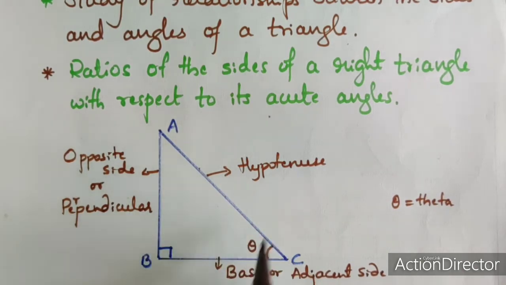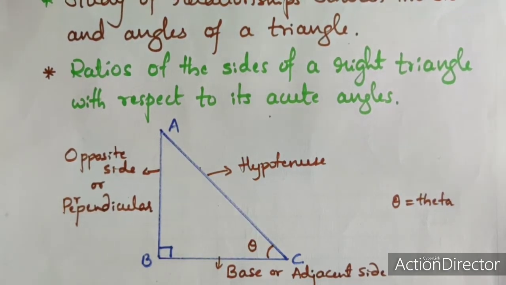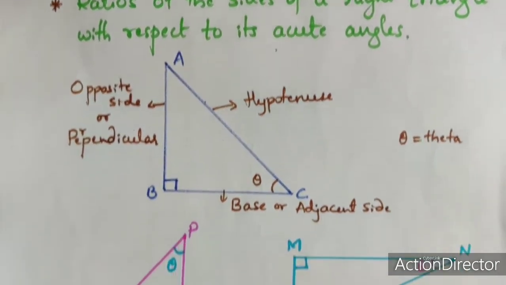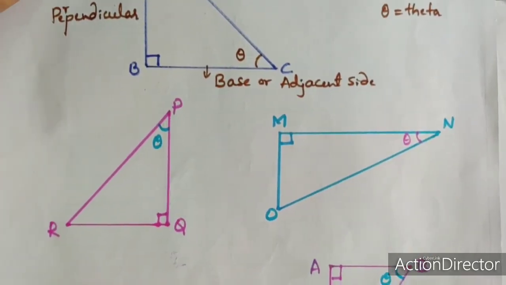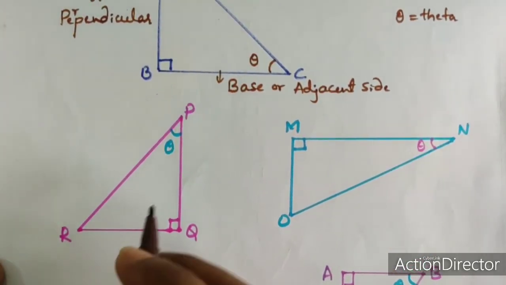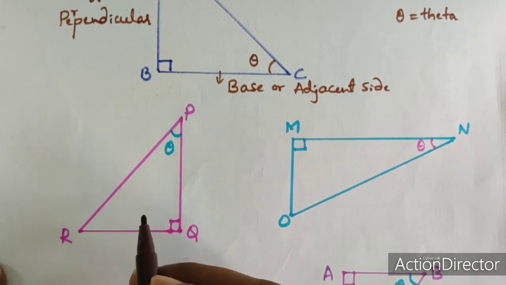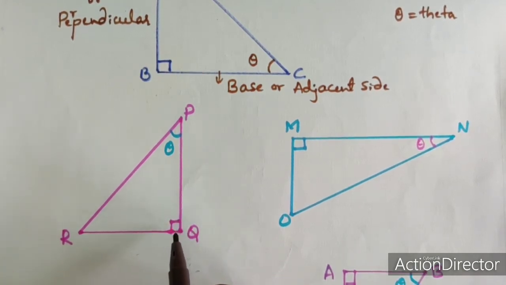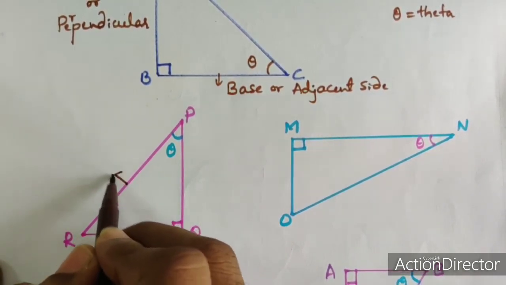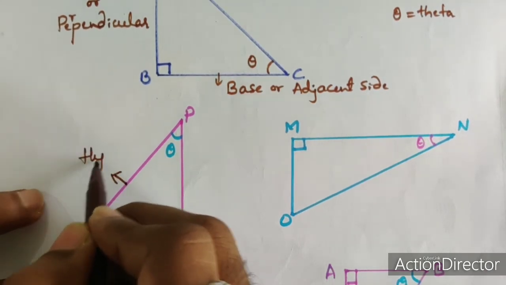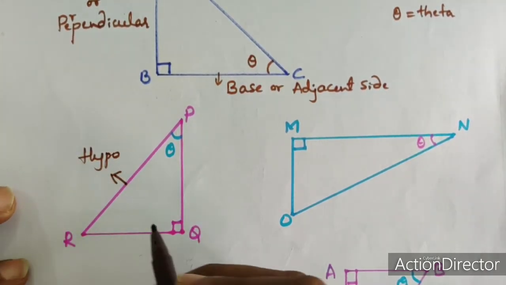If you understand this idea of naming the sides, then we can start learning about the ratios created by two sides of a right angle triangle. To practice, I have taken a few more triangles below, with respect to different angles. Let's take this right angle triangle. Here this is 90 degrees, and opposite to 90 degrees is the hypotenuse.